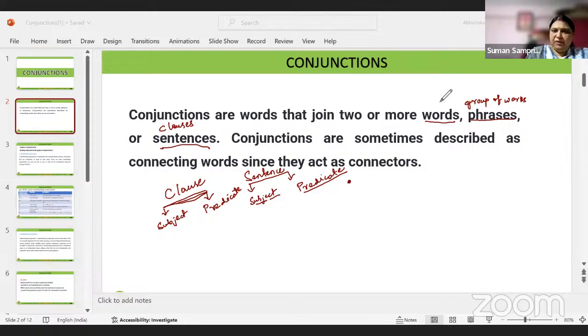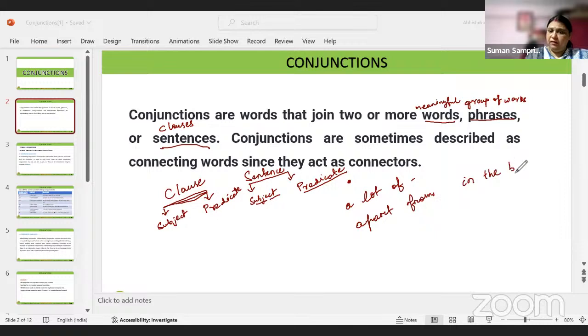Phrases are, like I said, a meaningful group of words. For example, if I say a lot of, this is a phrase. If I say apart from, this is a phrase. If I say in the beginning, it is a phrase.